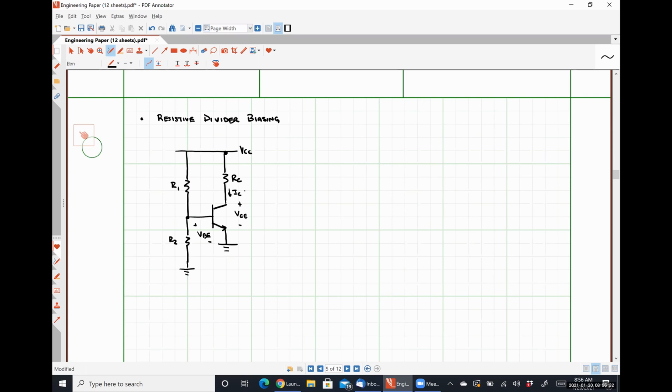So there's two different approaches when we are using resistive divider biasing, okay? The first approach is to say that the base current is effectively negligible in comparison to this current right here. Let me do a different color. Let's do it in green. All right.